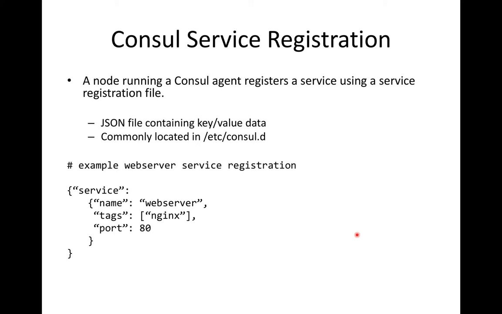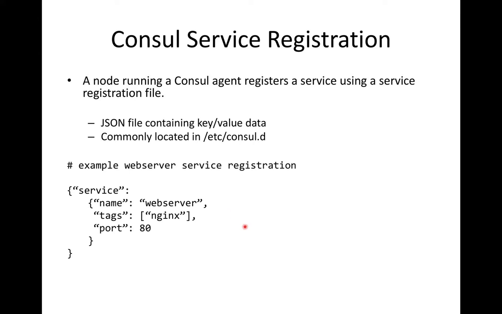Each node in an environment running the Consul service discovery platform is running a Consul agent. And when we start up a service on a server, we'll use the Consul agent to register that service with the Consul servers. There's a couple different ways to do that. We could set up a JSON file that is storing key value data.